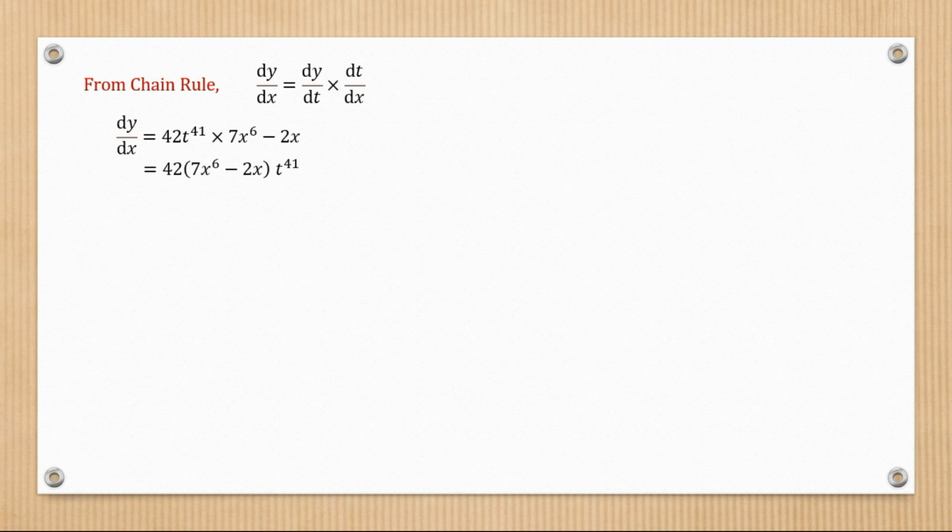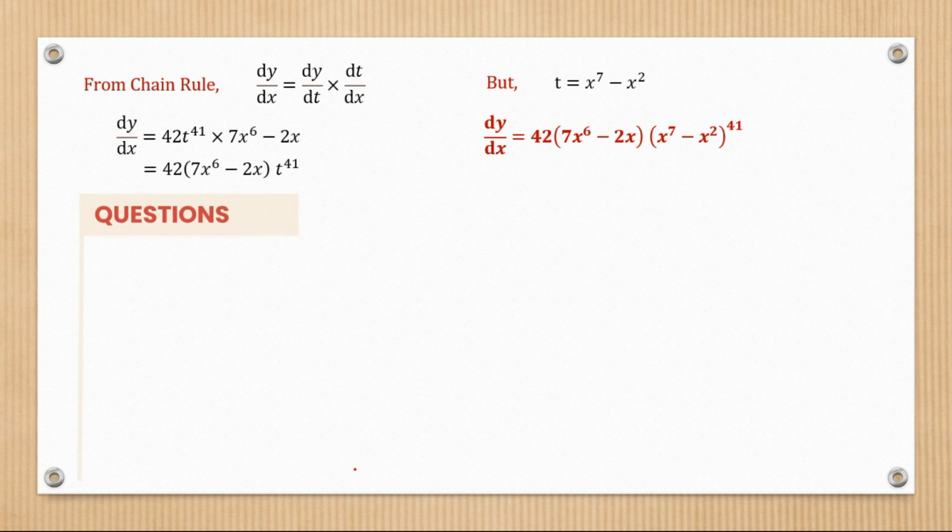But we remember that the t was representing x^7 minus x^2. So therefore dy/dx shall be equal to 42(7x^6 minus 2x)(x^7 minus x^2)^41. And that's going to be our final answer for dy/dx.